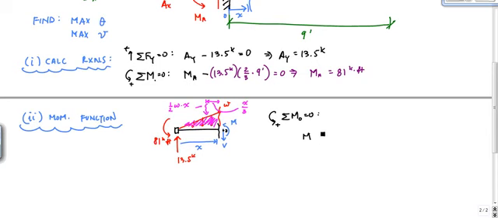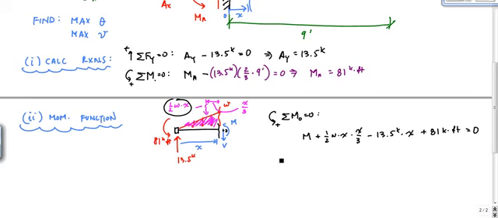So now I have M plus 1/2 w times x. That's a force, times the arm, x over 3, minus 13.5 kips times x plus 81 kip-feet equal to 0.